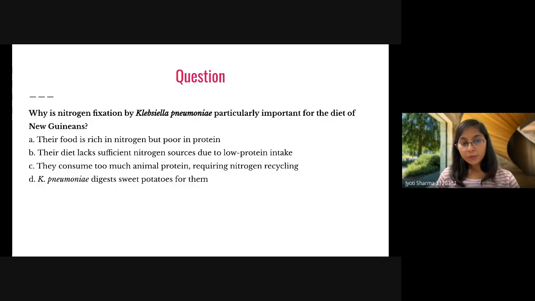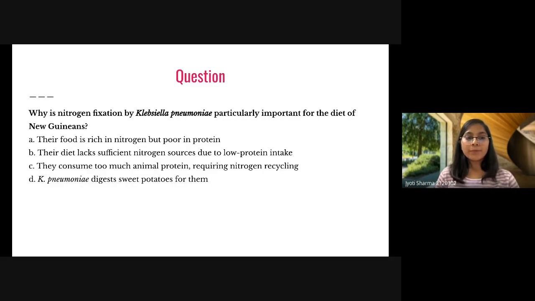If you know that New Guinea is a place that is tropical in nature, and in the tropical region, the staple food is mostly potato-like things. So you have seen the yam or some potato-like sources. So those energy sources are mostly carbohydrates, right?